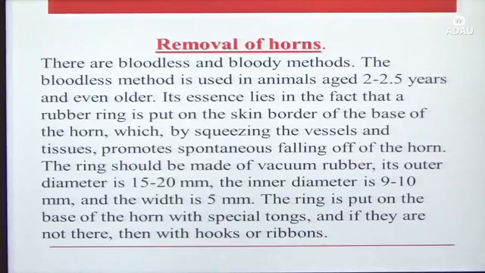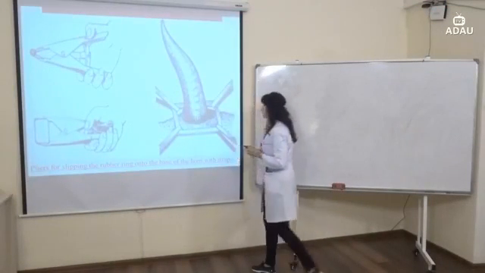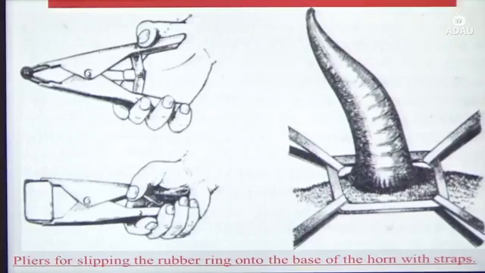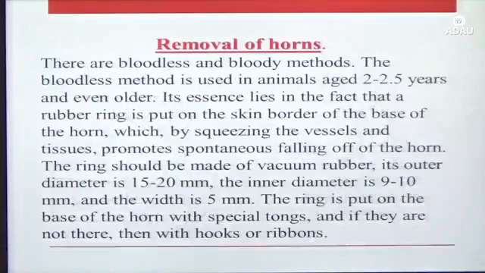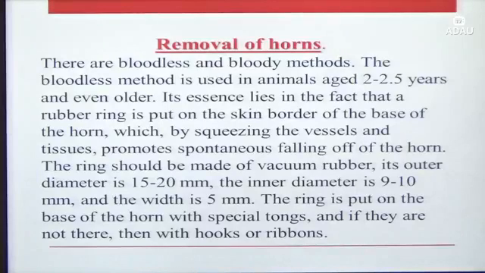Removal of horns has two methods: the bloodless method and the bloody method. The bloodless method uses, as I said, a rubber tube. The ring should be made of vacuum rubber, with an outer diameter of 15 to 20 millimeters and an inner diameter of 9 to 10 millimeters, and a width of 5 millimeters.